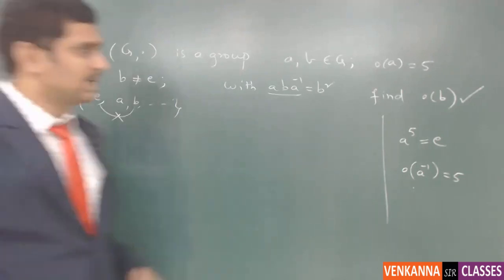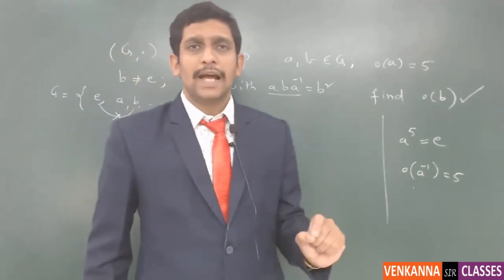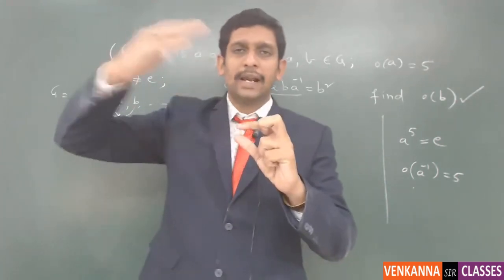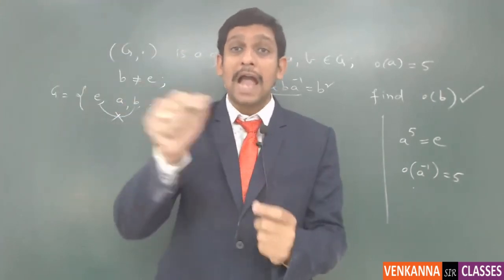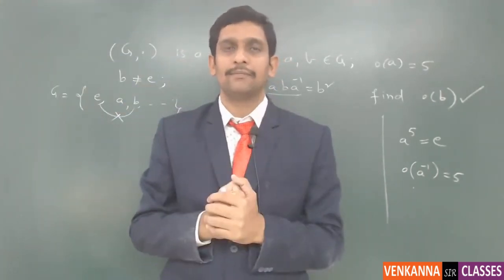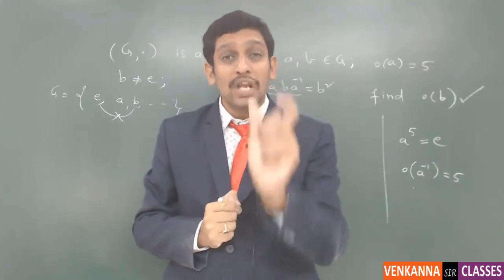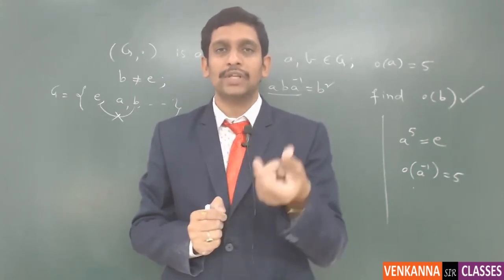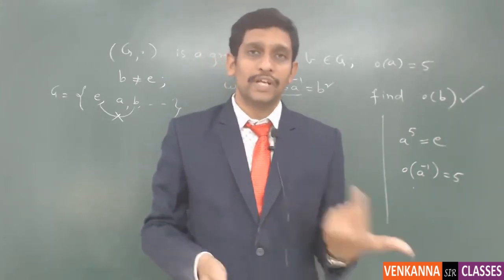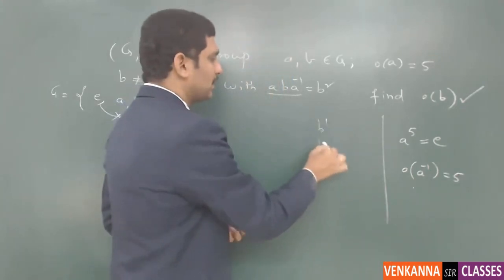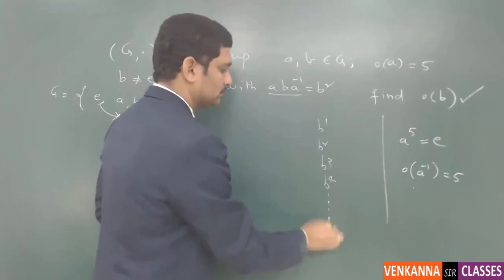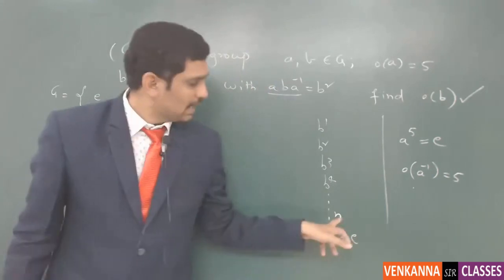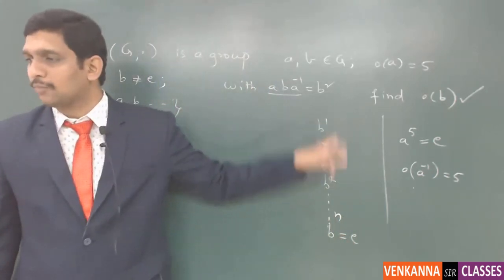So here we need to understand that since we are going to calculate the order of the element, as we know, if you take an element and raise the powers, you should get identity at a certain power, and the power must be the smallest one. So if I keep on raising the powers of B, at a certain power I should get identity, and this power must be the smallest one that I have to prove.